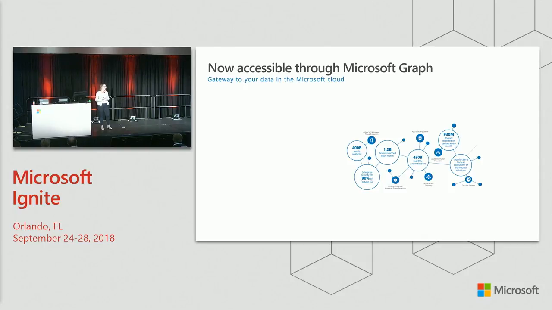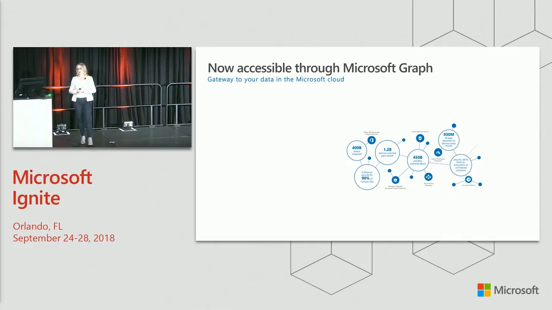And includes data from Office 365, Windows, the Enterprise Mobility and Security Services, and many others. It contains a wealth of information about millions of users, information from Outlook and SharePoint and Intune and Azure Active Directory. And now it includes a wealth of security information as well from Microsoft Security Services as well as security services from partners.